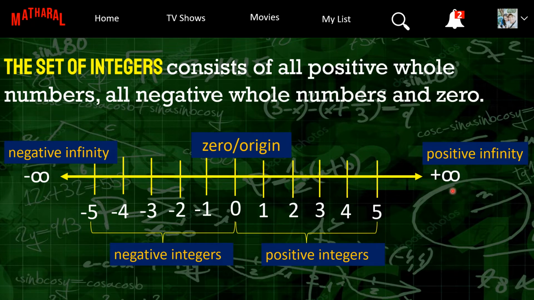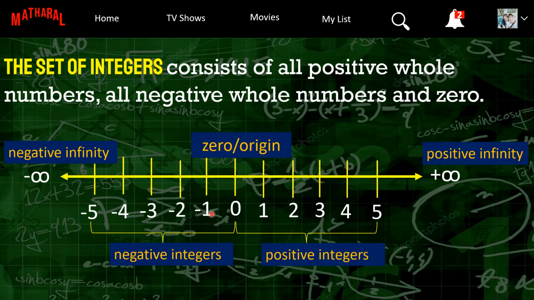This is the positive infinity symbol. So to the left of 0, there is negative infinity. Same concept used here. So we have negative 6, negative 7, negative 8, up to negative infinity. So that's it.